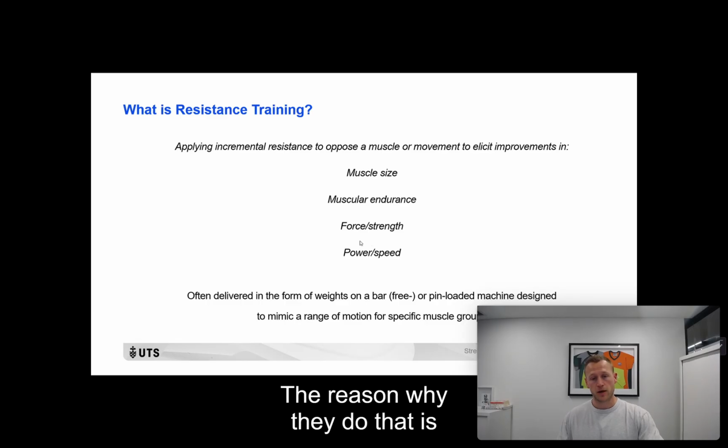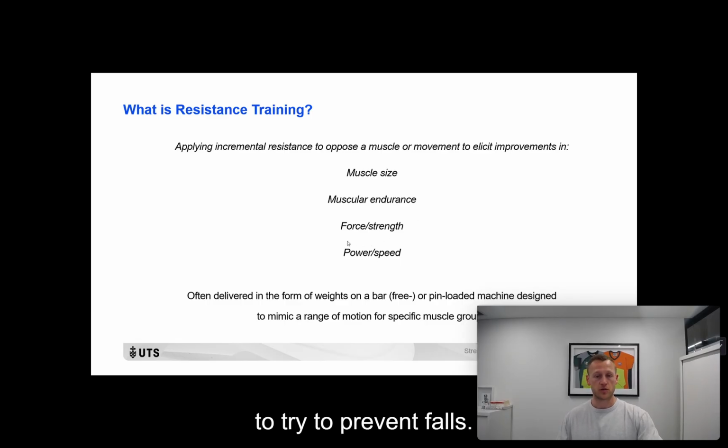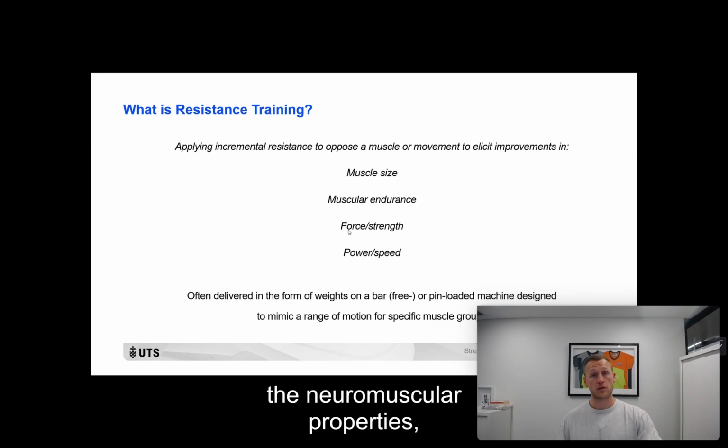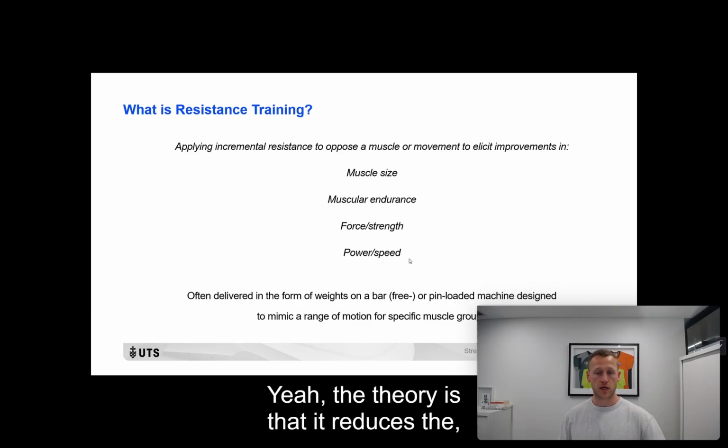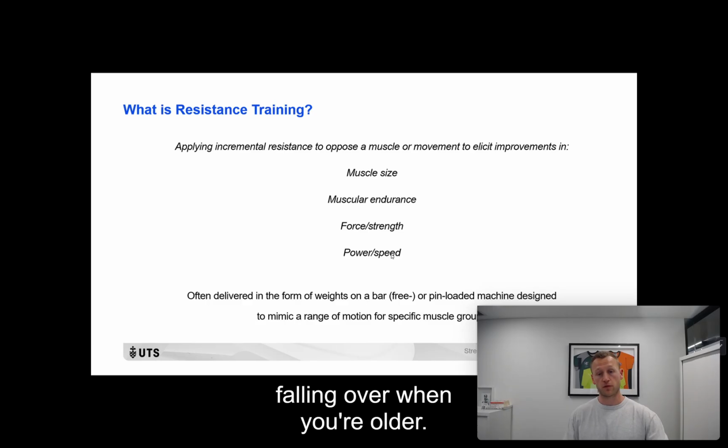The reason they do that is to try to prevent falls, to try to maintain the neuromuscular properties, your brain's connection to your muscles, in order to produce force quickly. So the theory is that it reduces the likelihood of you falling over when you're older.